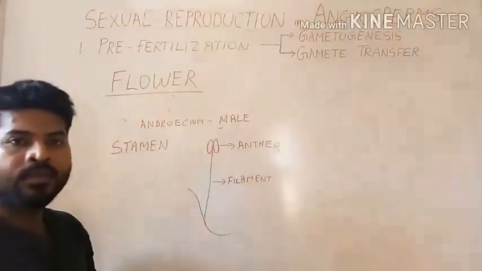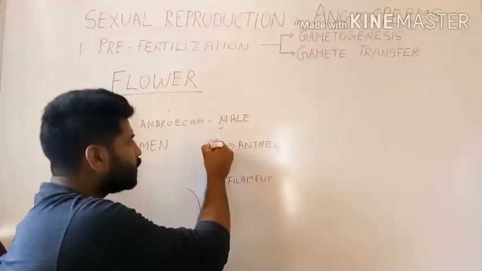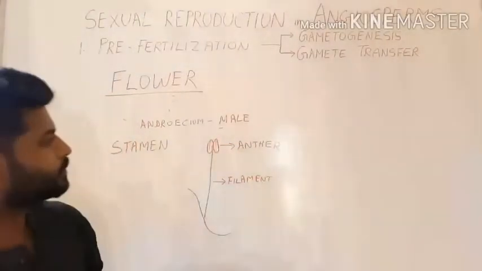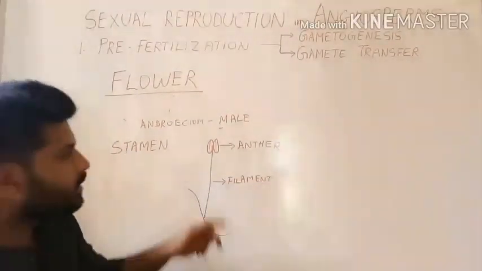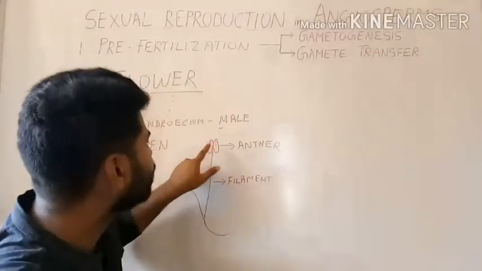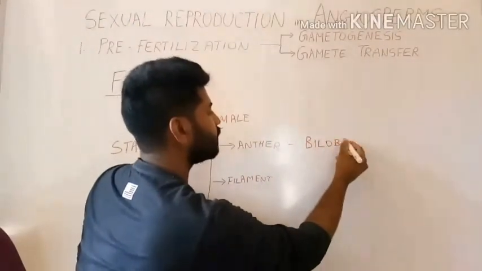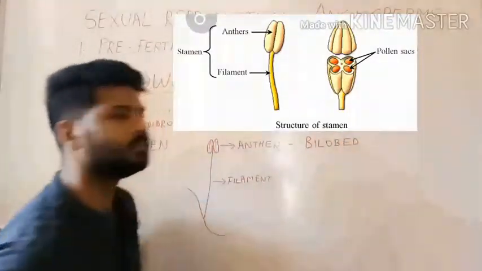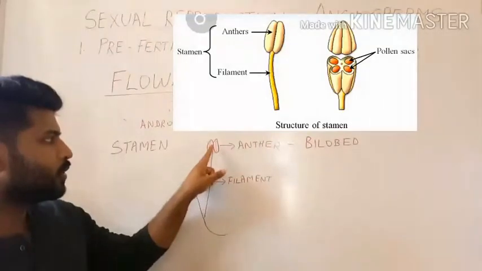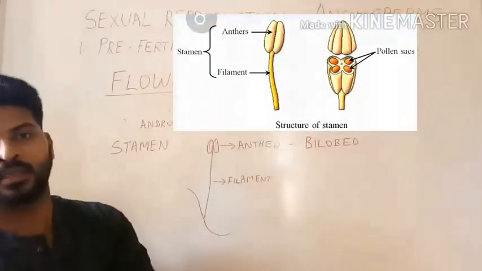The anther, if you look at it carefully, has a longitudinal line through it, and the anther has 2 lobes, one on each side of the filament. Therefore, we call it a bilobed anther.